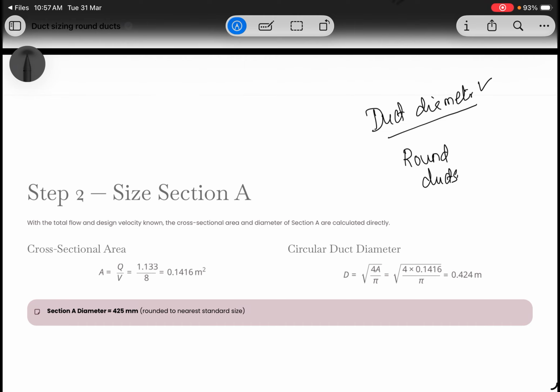Okay, so the round duct's area will be pi by 4 d square, right? And for finding this area, you can use the expression of flow rate upon velocity.